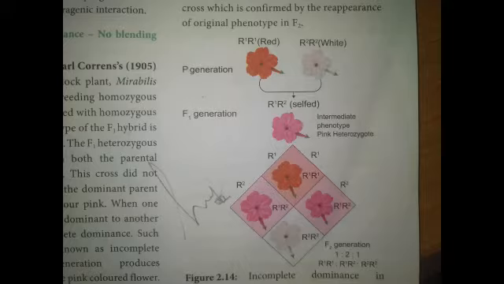When the F1 are selfed, in the F2 once again red and white flowers are formed. So this is called incomplete dominance or non-blending of genes, which takes place in Four o'clock plants.